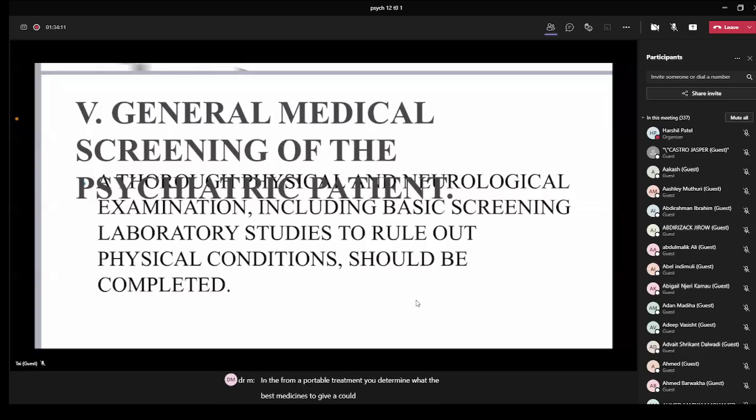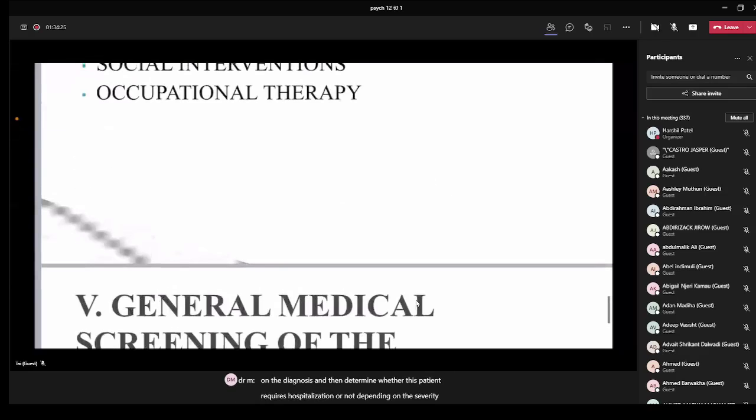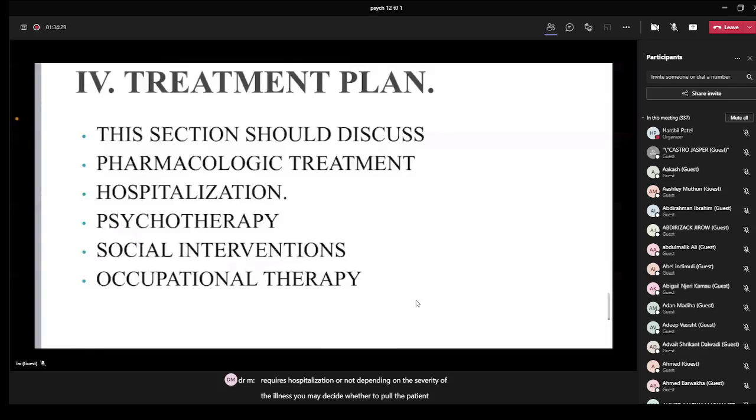They could be antidepressants, antipsychotic medication, anticonvulsant medication, depending on the diagnosis. And then you determine whether this patient requires hospitalization or not, depending on the severity of the illness. You may decide whether to put the patient in hospital or you treat them from outside.